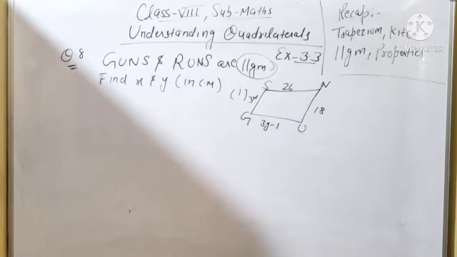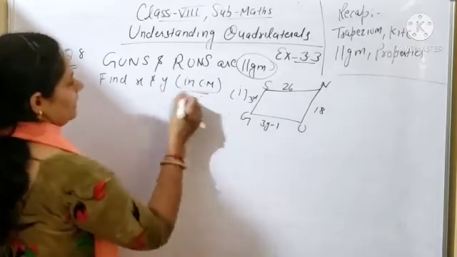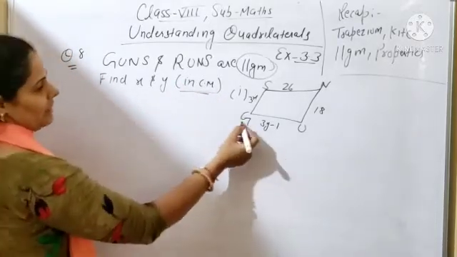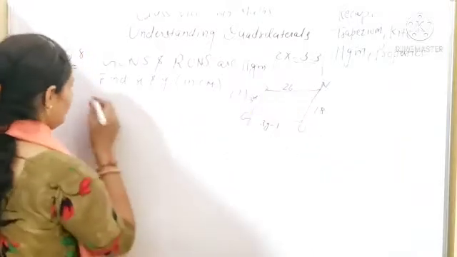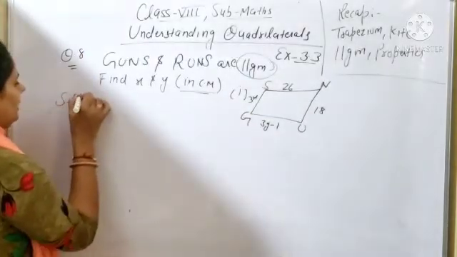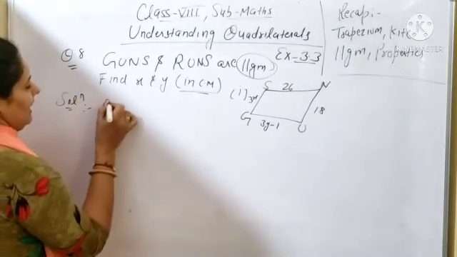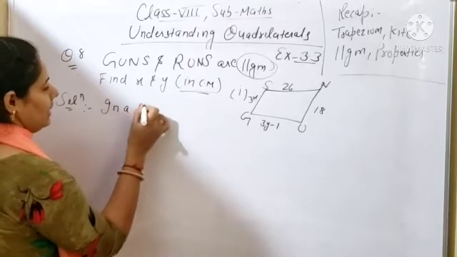In the first part, it is given GUNS is a parallelogram. You have to find out the value of x and y in centimeter. So simply in this parallelogram GUNS, in the solution you will write: in a parallelogram.